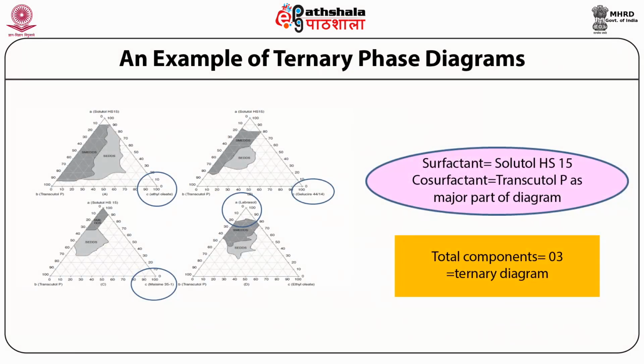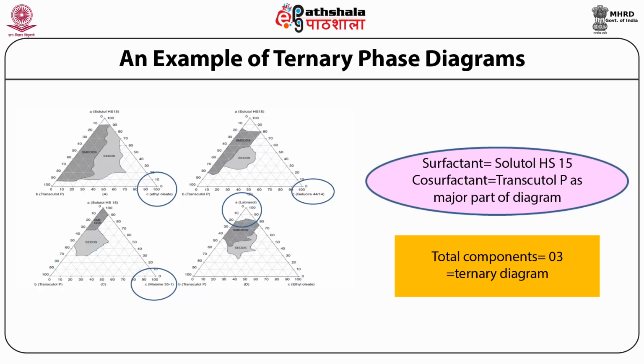Now this example is an example of a ternary phase diagram, where we have taken each component in the three corners of a Gibbs triangle. In the first triangle, Solutol HS15, Transcutol P and ethyl oleate are taken, and the microemulsion area is very large. In the second Gibbs triangle, you can see ethyl oleate is replaced with Labrafil 44/15.